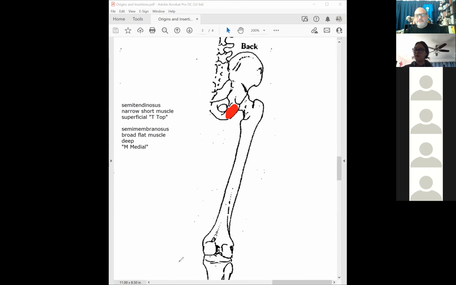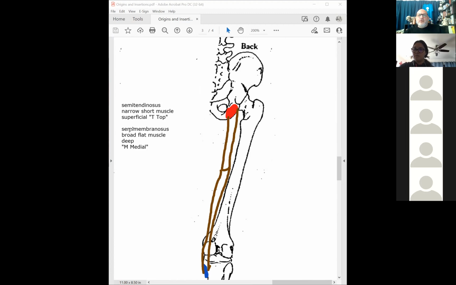The medial surface of the tibia. Notice again, we're going to be on the medial condyle, not up here where it meets the femur, but here underneath. So there you go. Our semitendinosus is this narrow, half muscle, half tendon muscle that sits here on the leg.